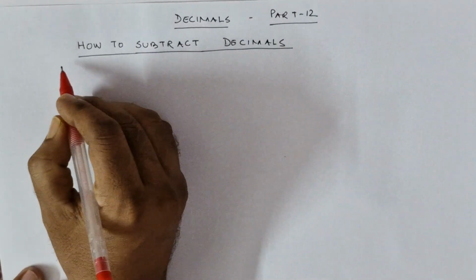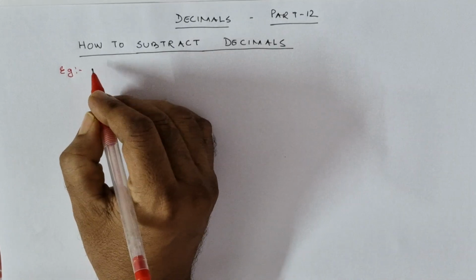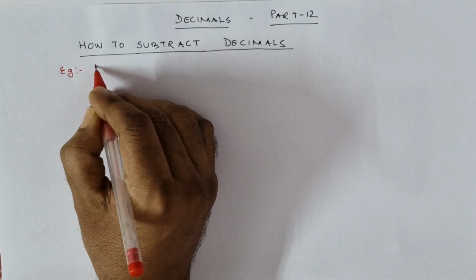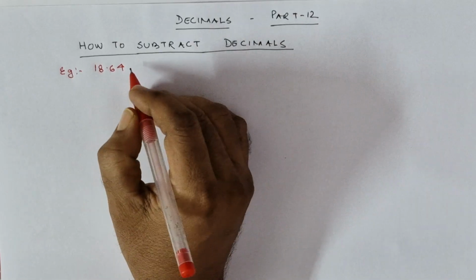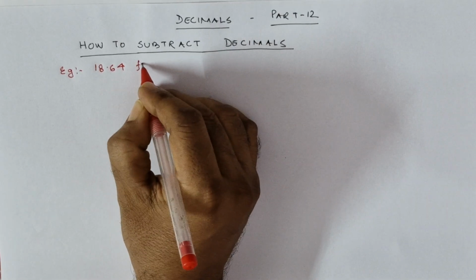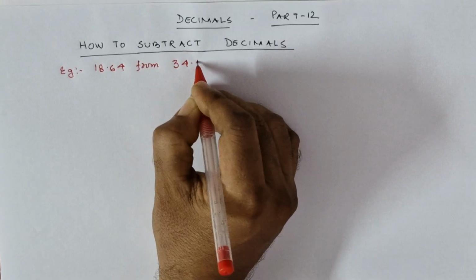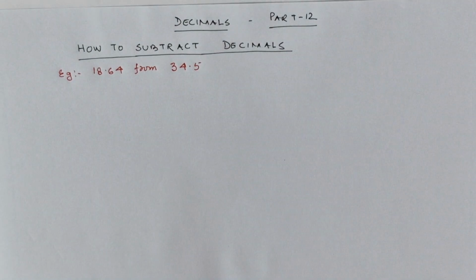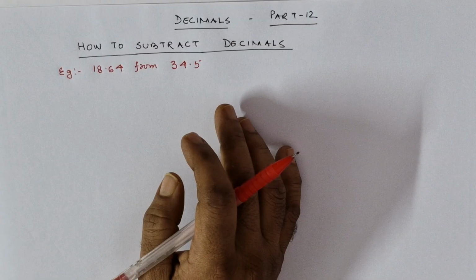So let us take the first example. Subtract 18.64 from 34.5. So what was the first step? To convert into like decimals.